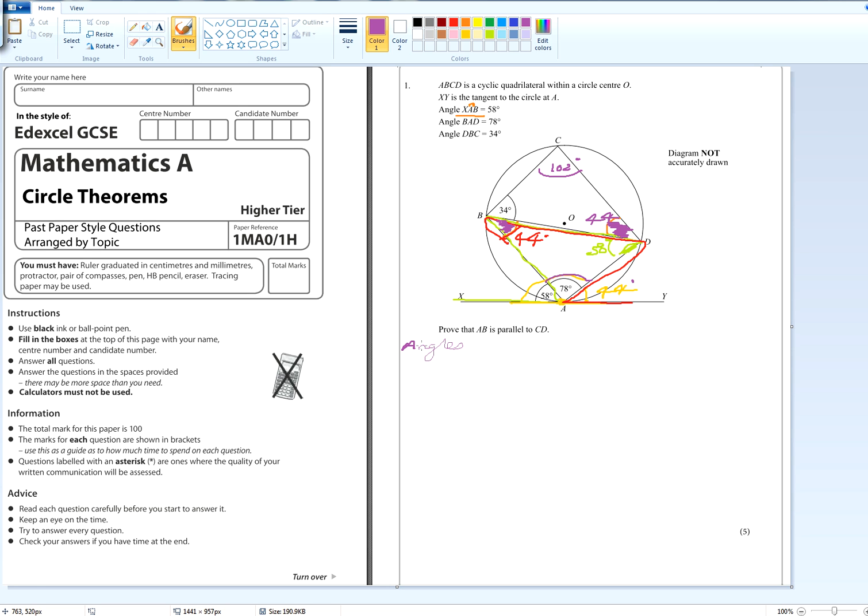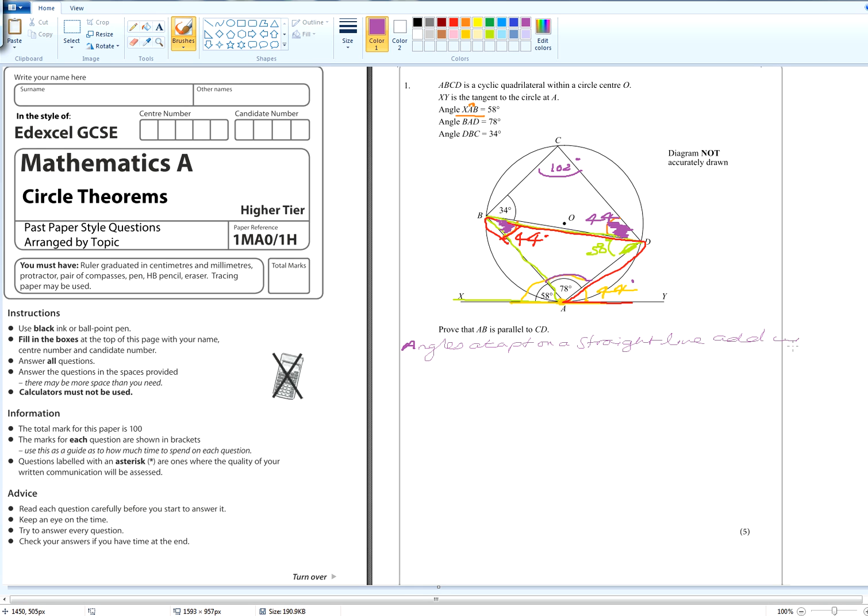Okay. So angles at a point on a straight line. Make sure that you say at a point on a straight line. Okay, let's make the page a bit bigger. On a straight line, add up to 180.